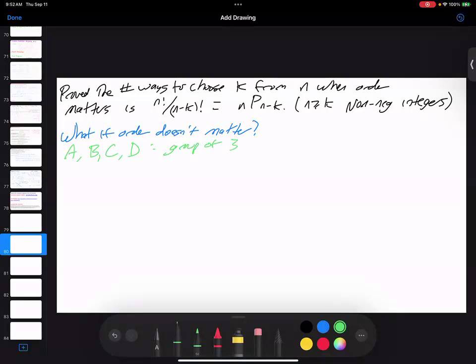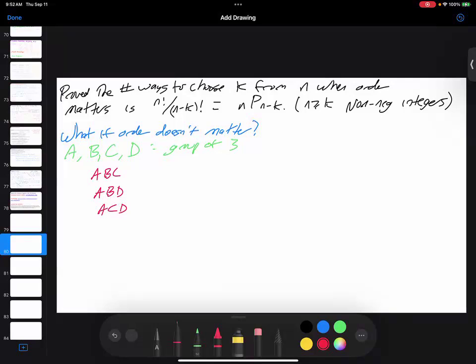Well, first we could do it as order matters. We could do A, B, C, A, B, D, A, C, D. That should be all the ways of having A as the first element, right?